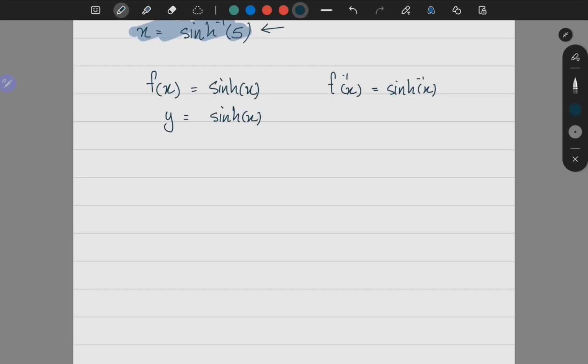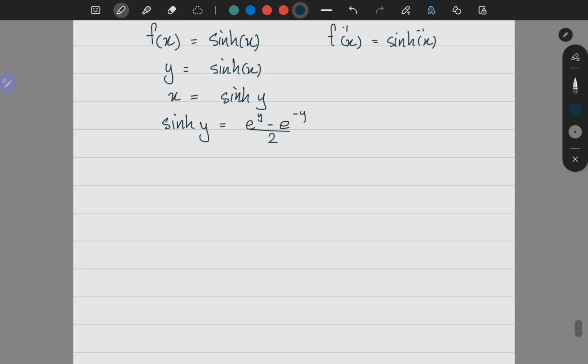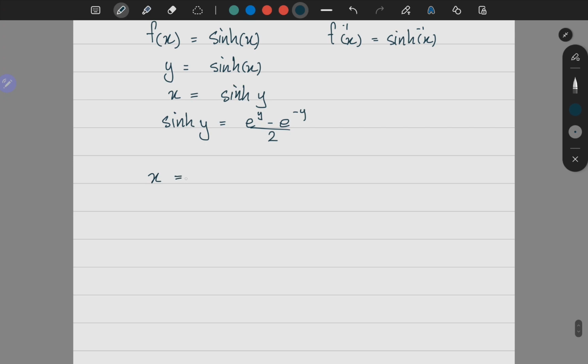Whenever you're trying to find the inverse, you just flip the y's and the x's. So we write the x outside and the y inside: x equals sinh y, which is e to the y minus e to the minus y all over 2.